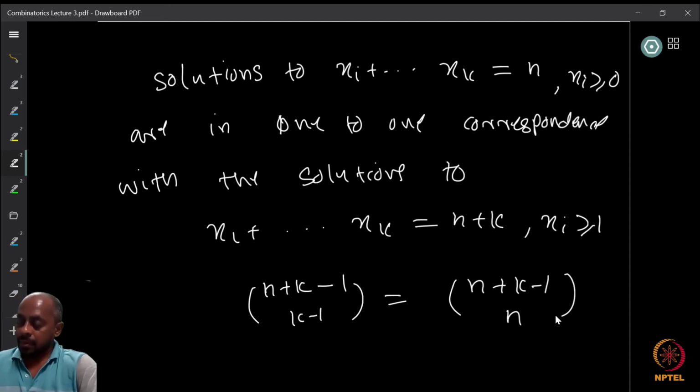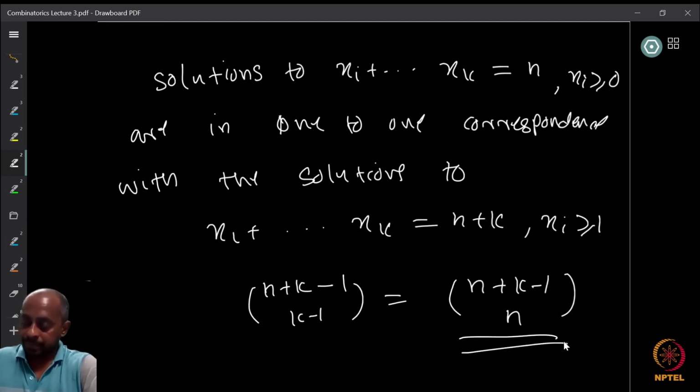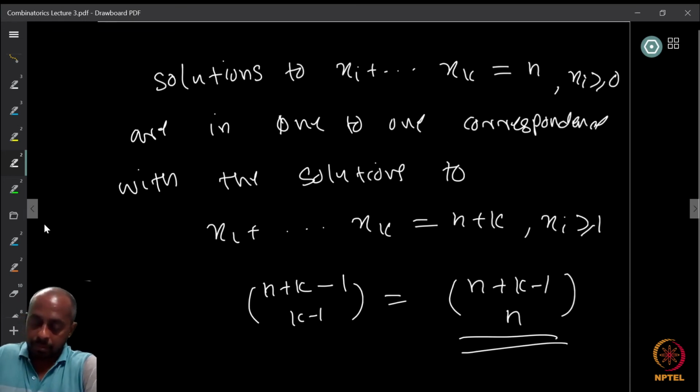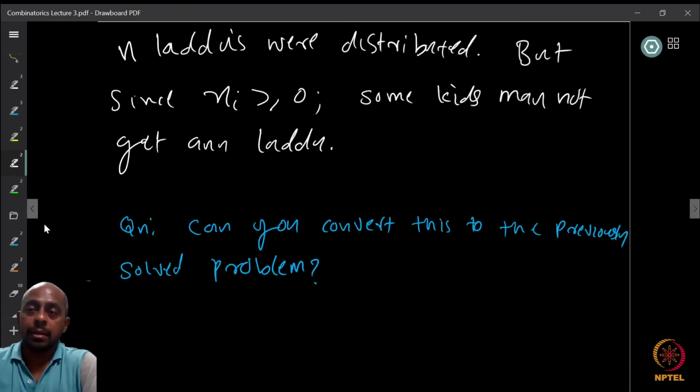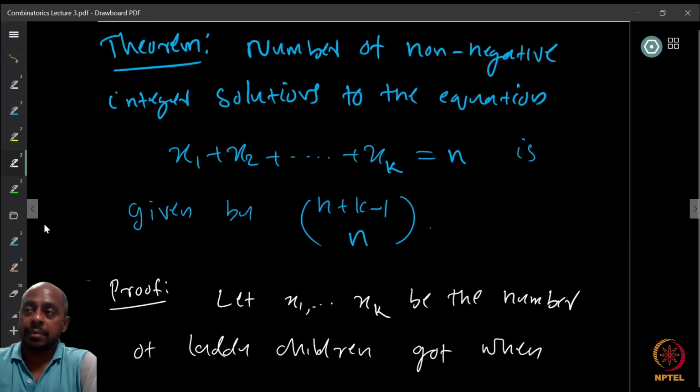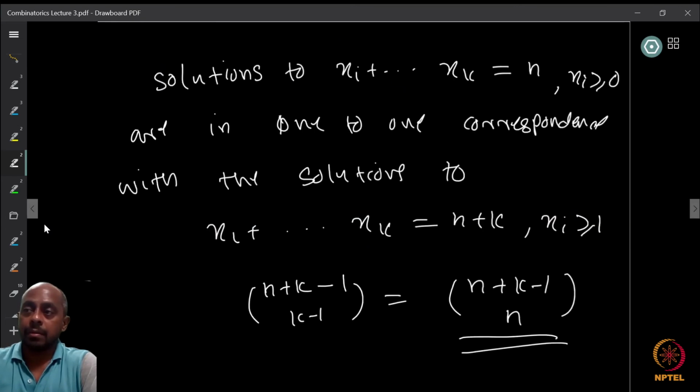So therefore, this is what we wanted to prove: n plus k minus 1, choose n. So we already have the solution. So this is one way we can prove this.